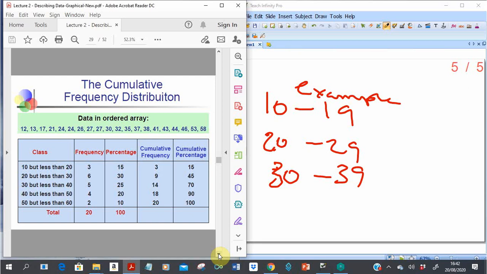All right, so we now move to the cumulative frequency distribution. So far we know how to construct a histogram, we know how to put the percentages, we know how to calculate the relative frequencies, but then let's see how we can find the cumulative frequency. So the cumulative frequency is just how the frequency accumulates for each class interval.